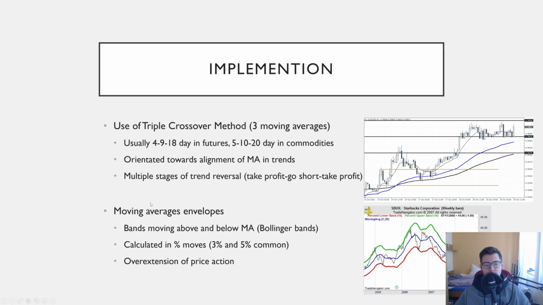There is also another way of looking at this implementation, and this would be moving average envelopes. For example, as you can see right here on this picture, at the bottom, the bands are moving above and below.